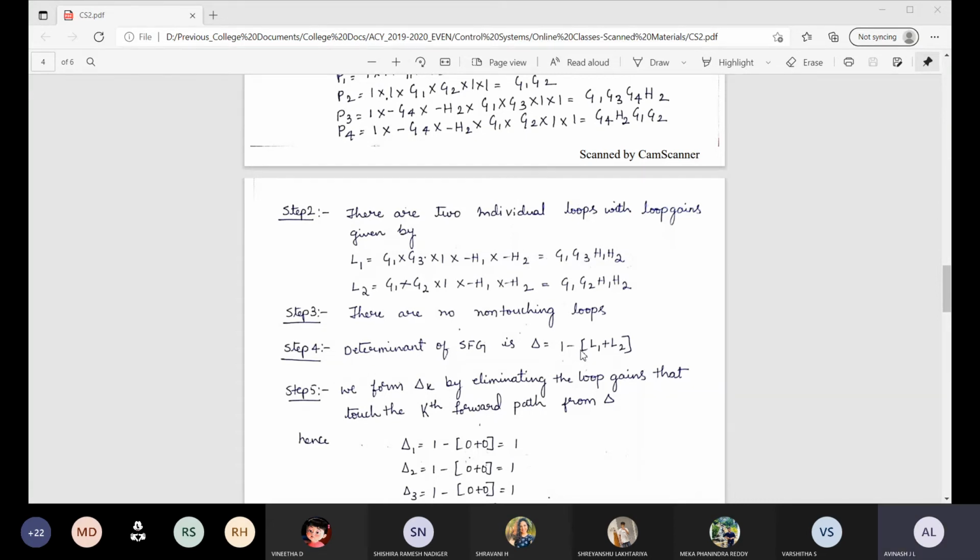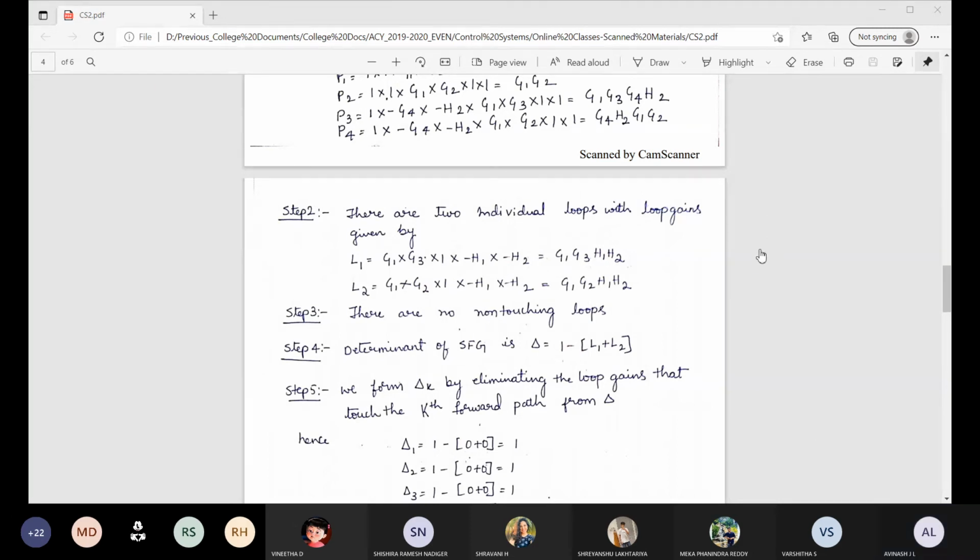So once we found that delta, we need to form a delta k. So delta k will be framed based on number of forward paths. So how many forward paths are there? 4 forward paths are there. When the 4 forward paths are there, the k value ranges from 1 to 4.